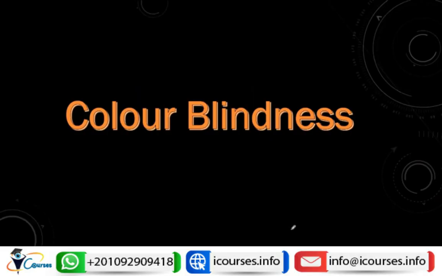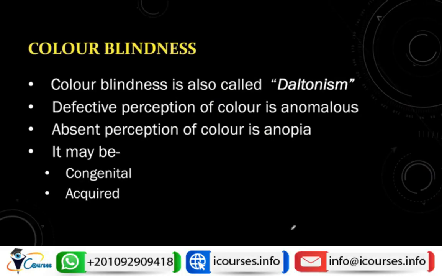Okay, let's now talk about a more clinically related issue, which is color blindness. Color blindness is the inability to see colors, and the term for it is daltonism. Daltonism means a person who has inability to see colors.